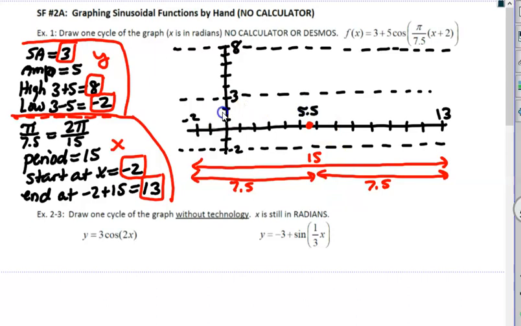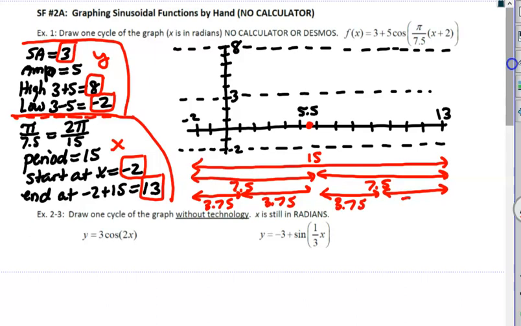Now I need to find the point that's halfway in between -2 and 5.5, and 5.5 and 13. So now I'm going to take 7.5 and divide it in half. And these numbers get a little messy. I apologize for that for your first example. But if I divide 7.5 in half, I get 3.75 and 3.75. And then if I did that again, it's not perfectly drawn here, I get 3.75 and 3.75.